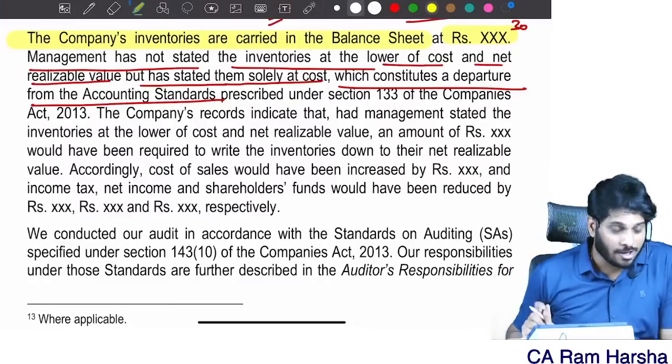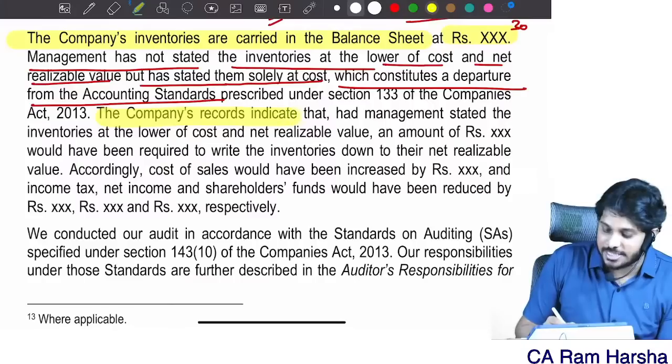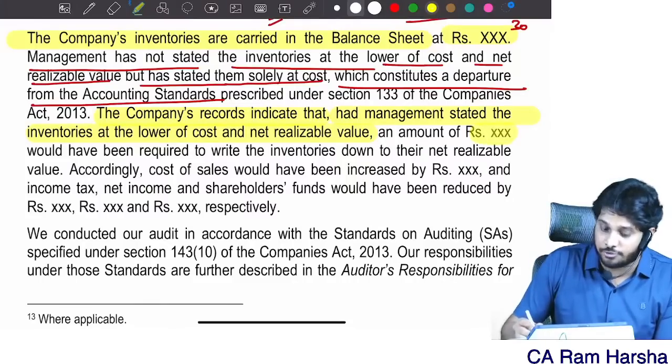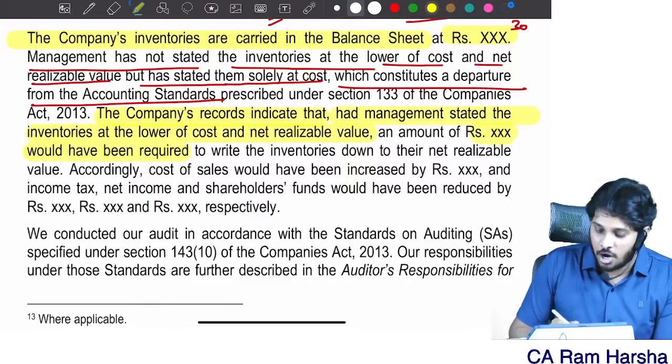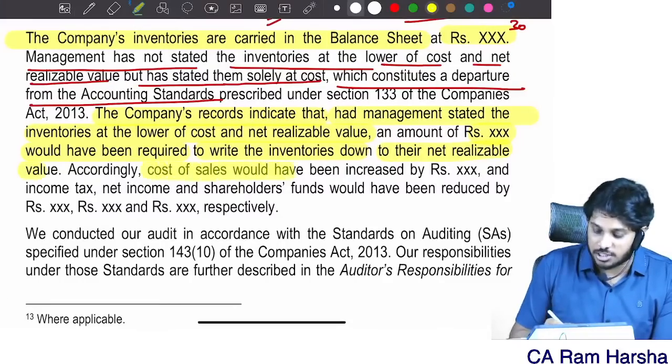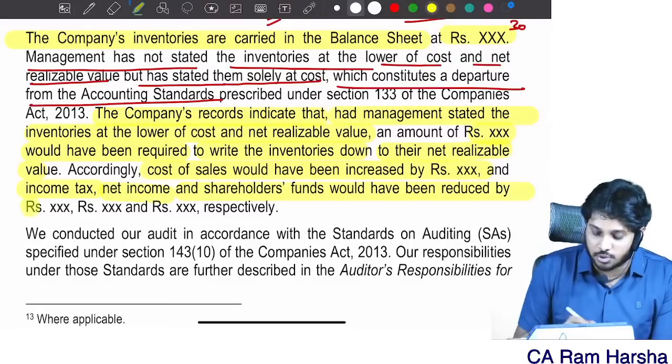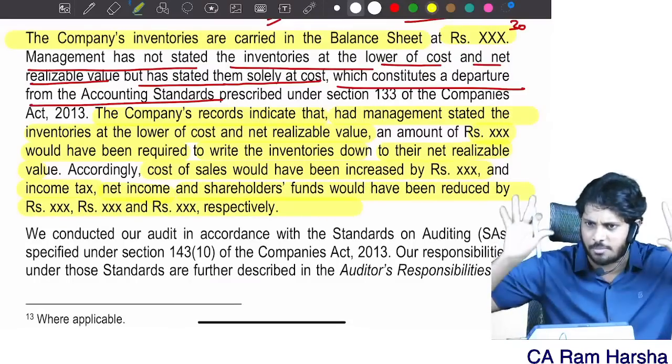Quantification also we must do. The company records indicate that had management stated inventories at lower of cost or NRV, an amount of 2 crore would be required to write the inventories down to their NRV. Accordingly, cost of sales will be increased by 2 crore. Income tax, net income and shareholders' funds would have been reduced by so and so amounts.